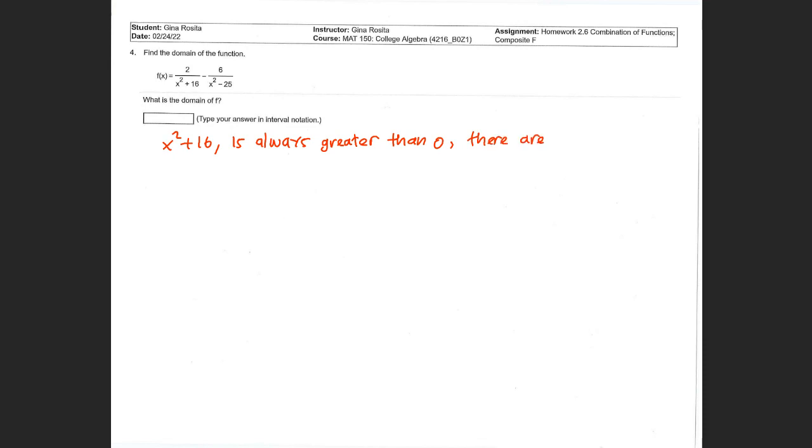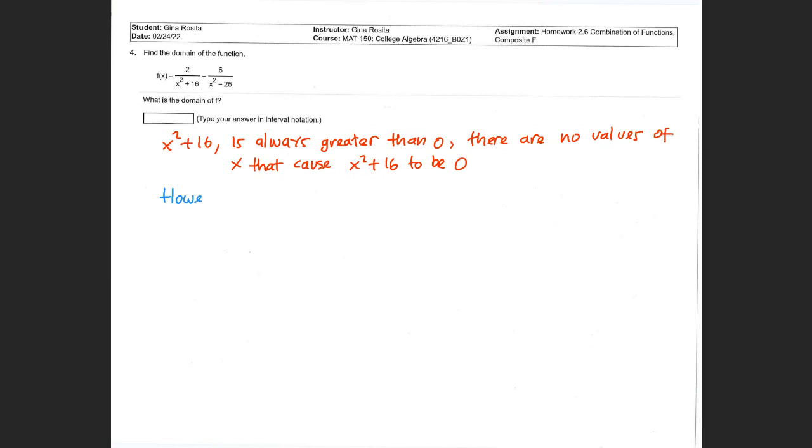There are no values of x that cause x squared plus 16 to be 0. Okay? Just remember, x squared plus 16 is always positive, always greater than 0. Yeah? So now, however, be careful.